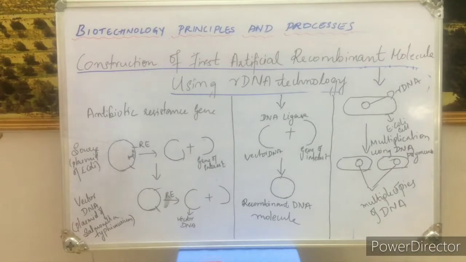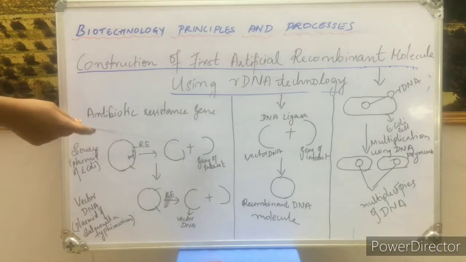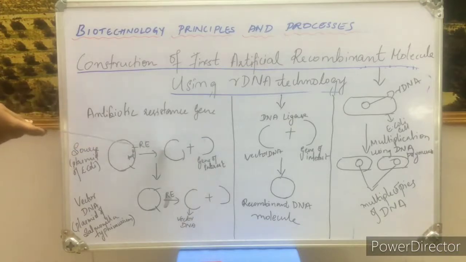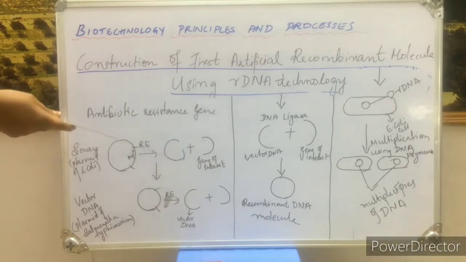These are the enzymes that act upon the DNA at specific locations and cause cleavage. So the plasmid DNA is cut at the site of the antibiotic resistance gene region and it is segregated. This is the gene of interest, the antibiotic resistance gene, and this is the remaining part of the plasmid. Our interest is only the antibiotic resistance region, right?